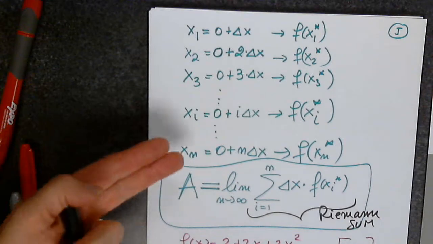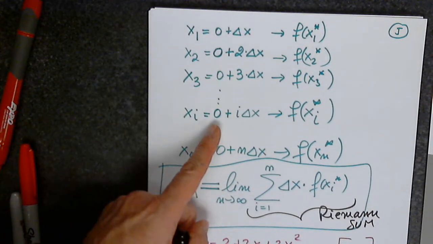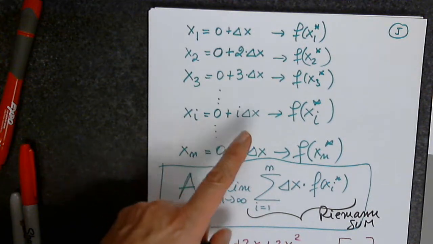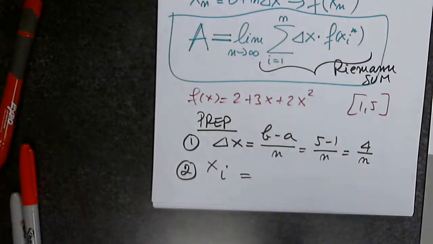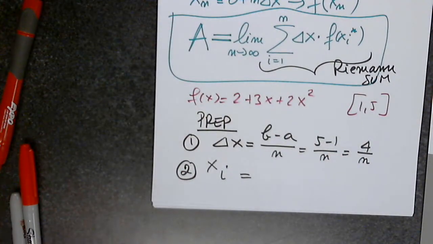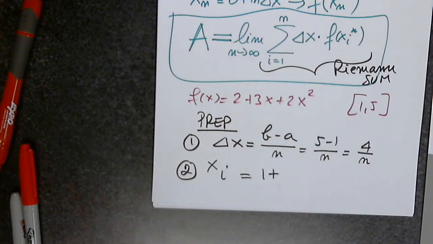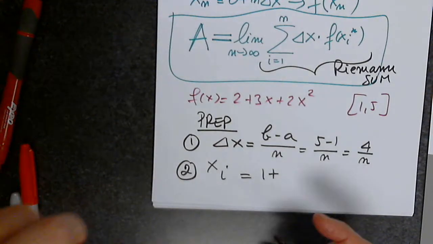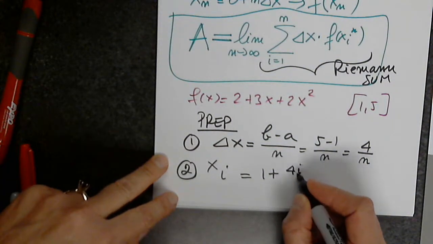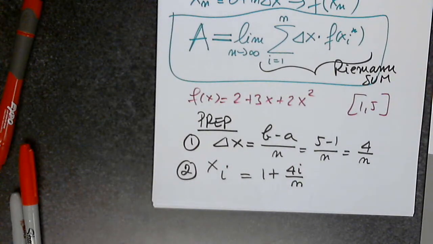We know what xi equals: the initial value, in my previous example it was 0, plus i multiplied by delta x. So the initial value plus i times 4 over n.